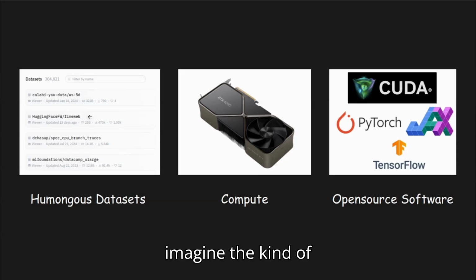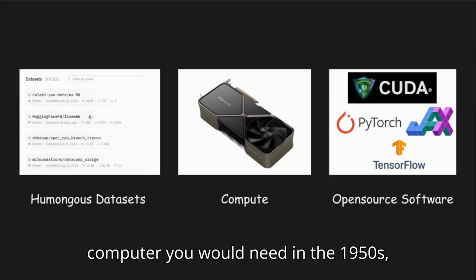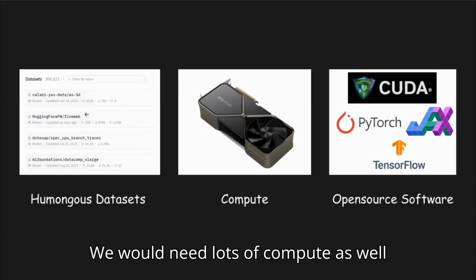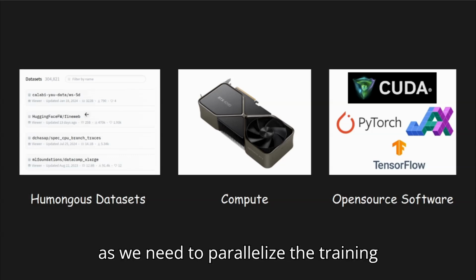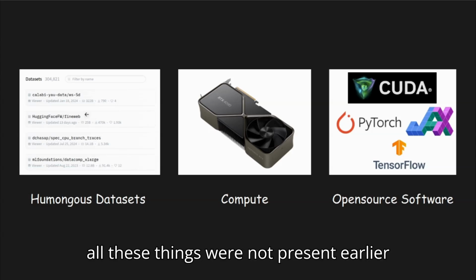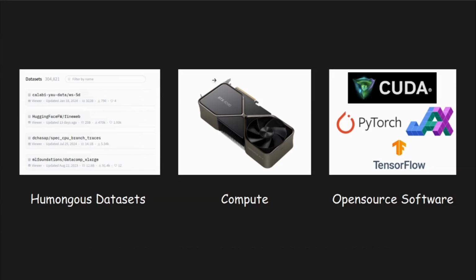Imagine the kind of compute you would need in the 1950s, 60s or even 80s to train on such a dataset. To train on it, we would need lots of compute, and we need to parallelize the training process. All these things were not present earlier, and now we have them.